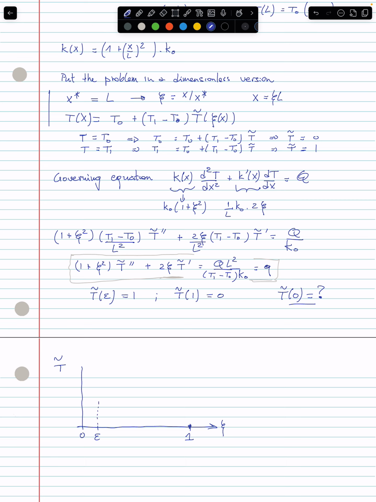We just said that in our dimensionless version, it is equal to 1 over there. And this is T tilde of 0, which is 1 plus something small. And we would like to determine what's the additional small quantity over there.